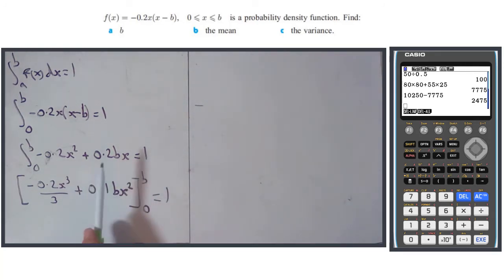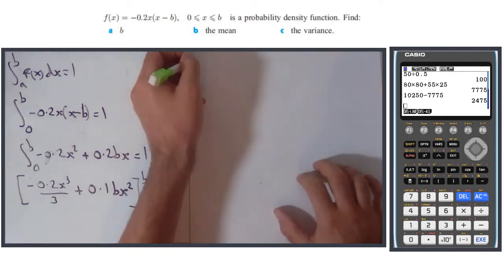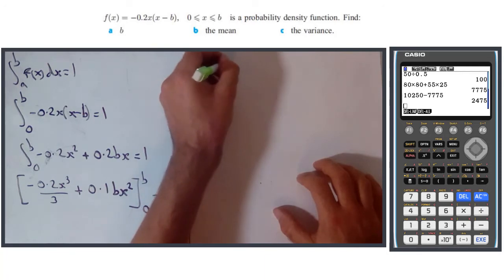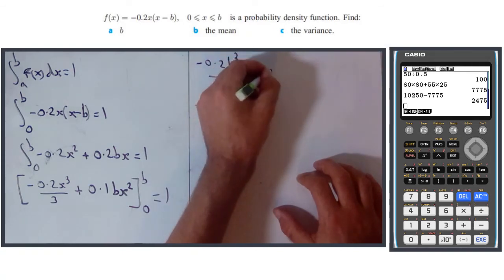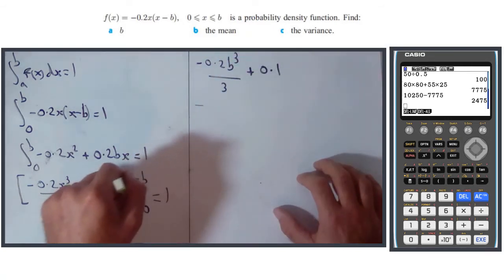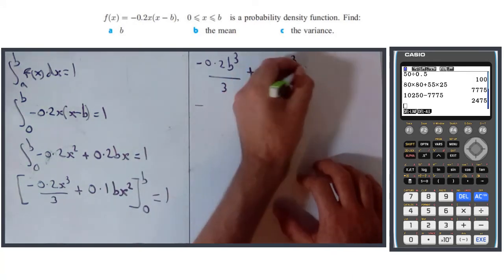Substituting 0 just gives us 0, because 0 cubed and 0 squared are 0. We just need to consider b. So -0.2b cubed over 3 plus 0.1b times b squared, which is b cubed again, equals 1.